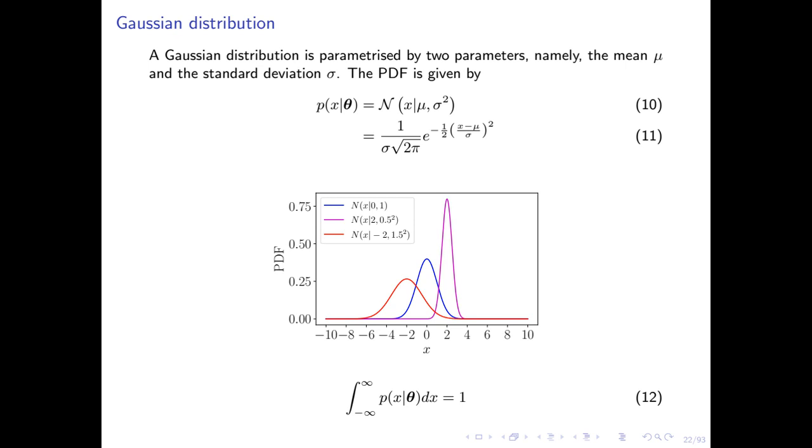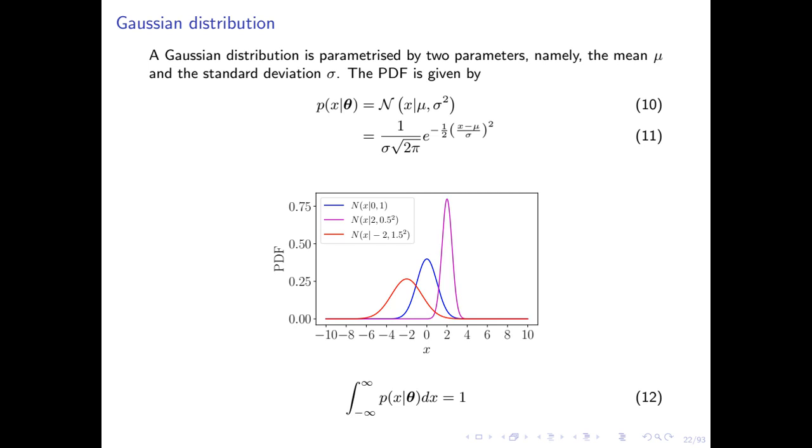The important thing to take note of is that to be a valid probability distribution, if we integrate it over its full domain, the integral should be equal to 1. So it means that if we change the scaling of the distribution, if we increase the variance, the height needs to decrease to ensure that the integral is equal to 1.